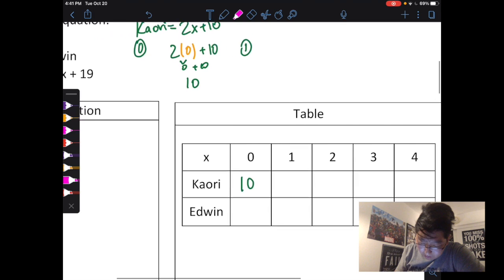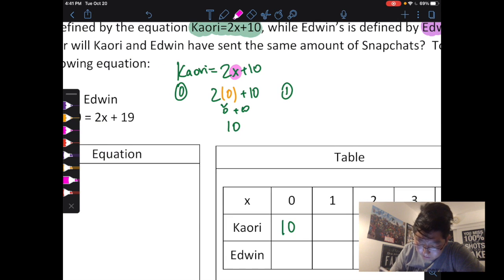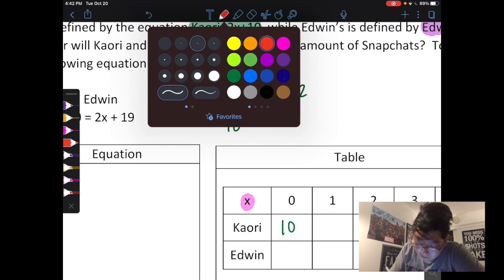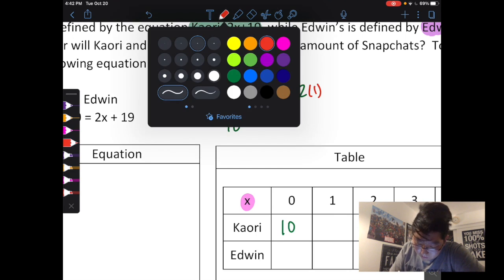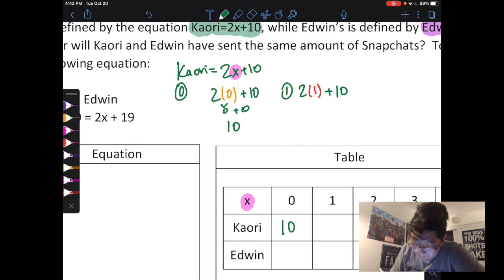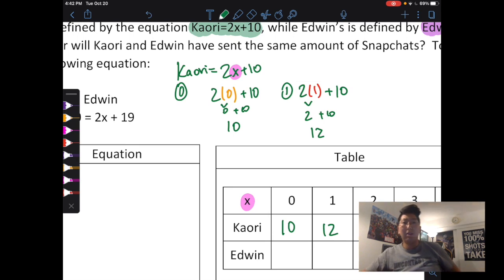So we're going to replace x with 1 here. 2 times 1 plus 10. 2 times 1 is 2 plus 10 is 12. So in 1 hour, he would have sent 12 Snapchats.